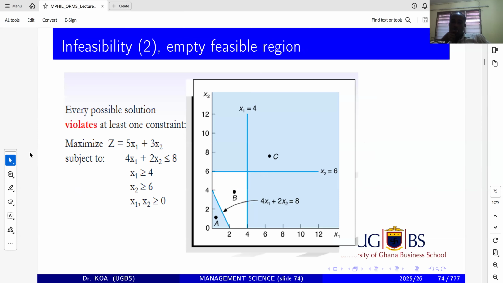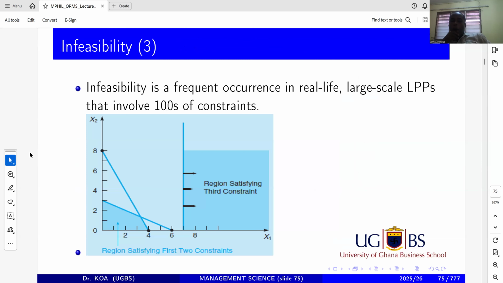Okay, let's go to another infeasibility. This is a tricky infeasibility, but there's also redundancy in it. So if you look at this one here, this is a constraint. The one you see vertical here is a constraint.